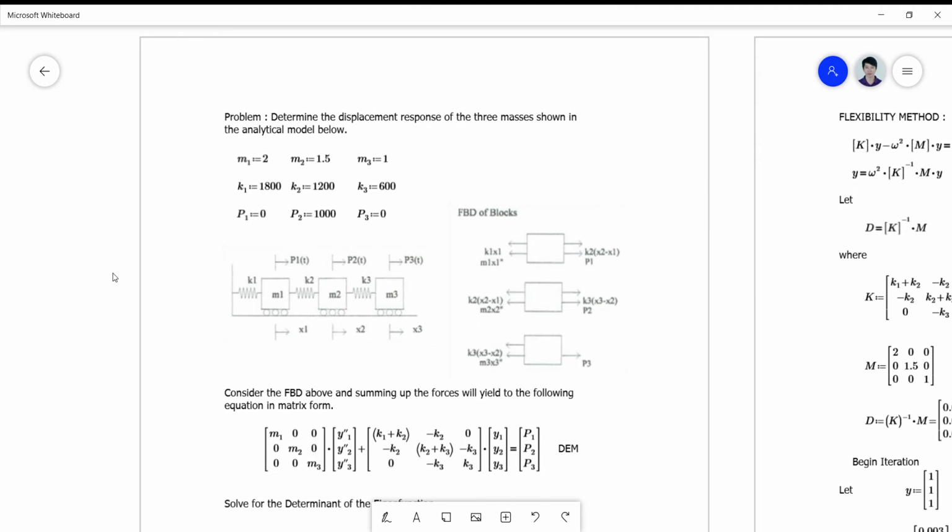It's a 3DOF, a three-story shear building model, which is actually converted into an analytical model in the form of a mass spring system.